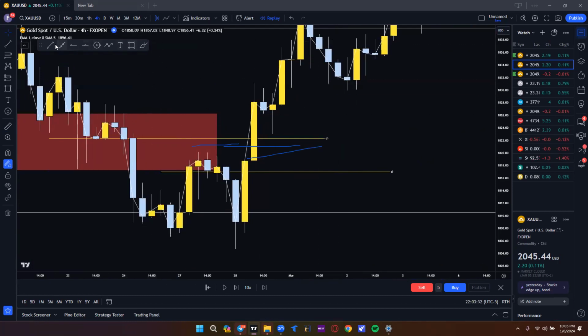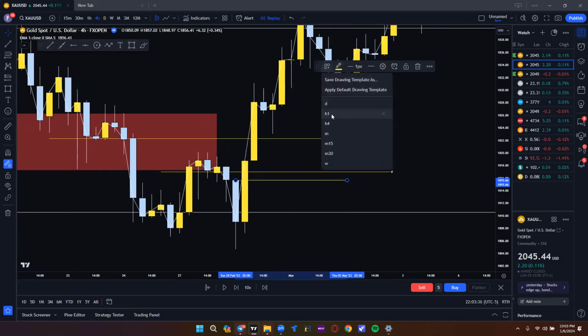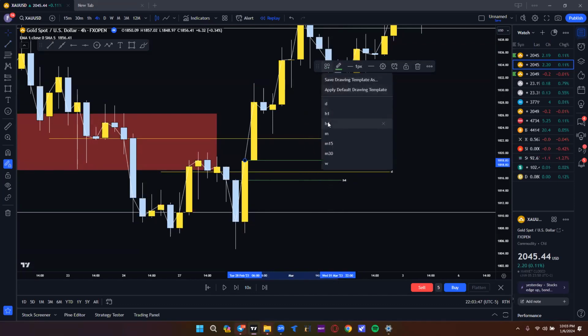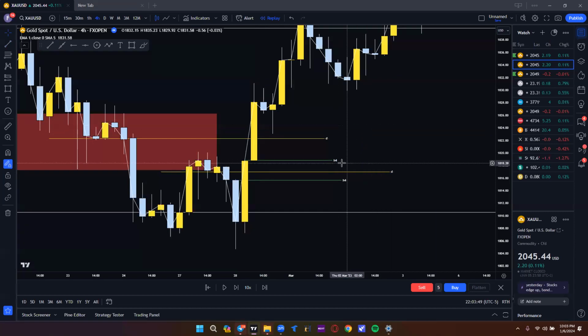The next thing we can see is this is the H4 level here. This is an H4 level here. Now it's just leveling and marking, identifying multiple time frame levels. This is an H4 level here. We can both agree to that. This is type 1, this is type 2.